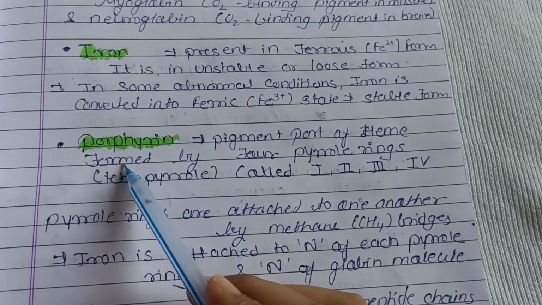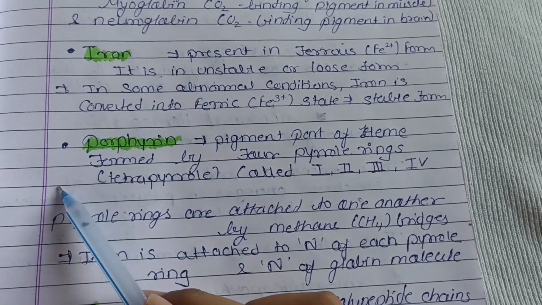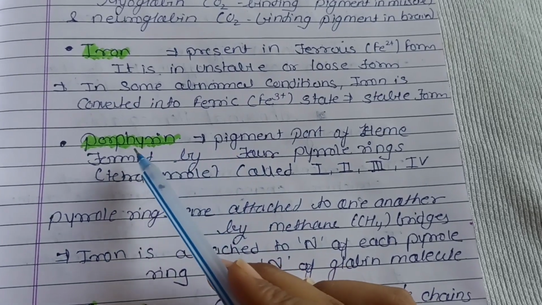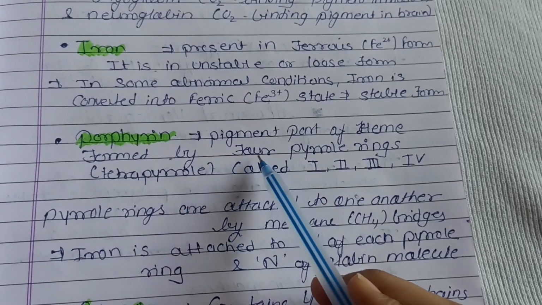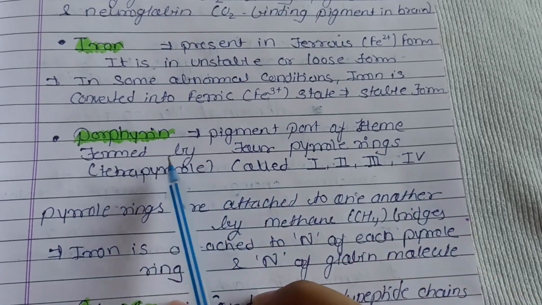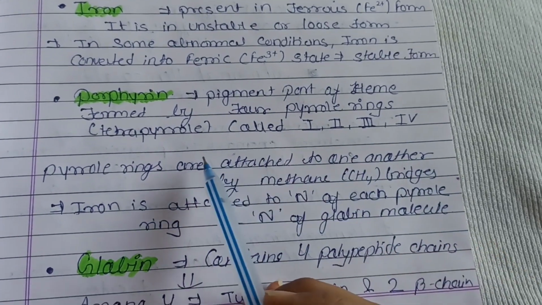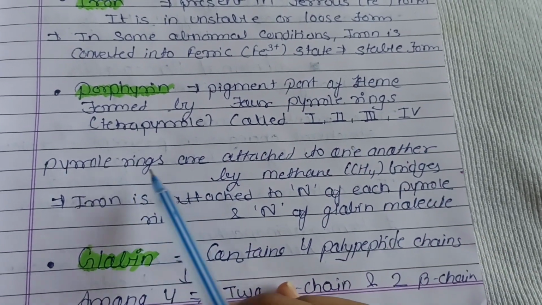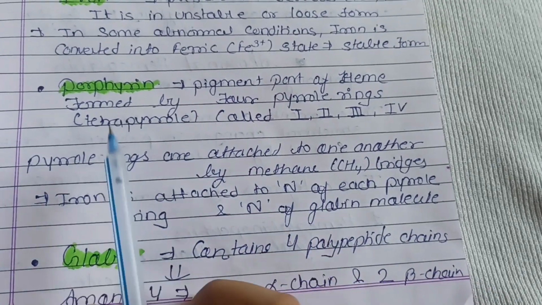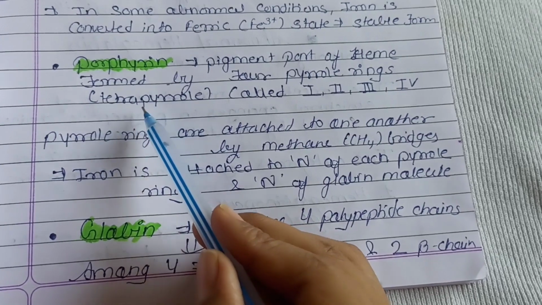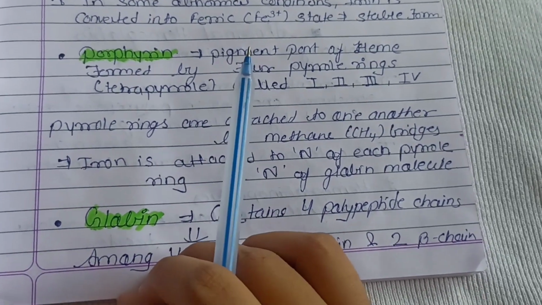Then porphyrin. We already saw what porphyrin is in the destruction of RBC. So what is porphyrin? The pigment part of hemoglobin formed by 4 pyrrole rings, called tetrapyrrole. Pyrrole rings are attached to one another by methene bridges.